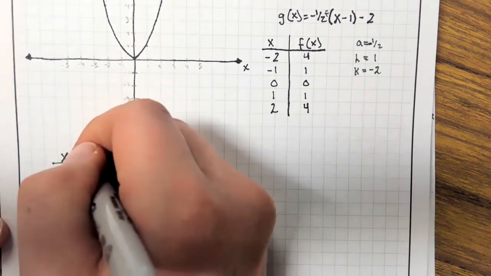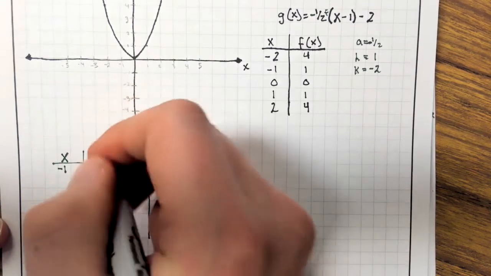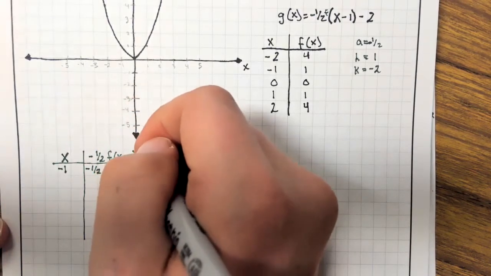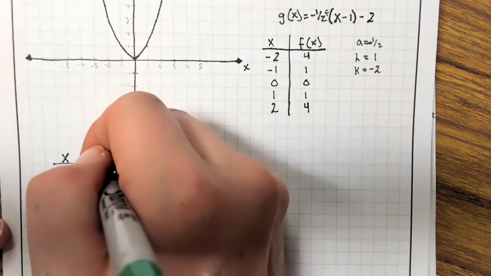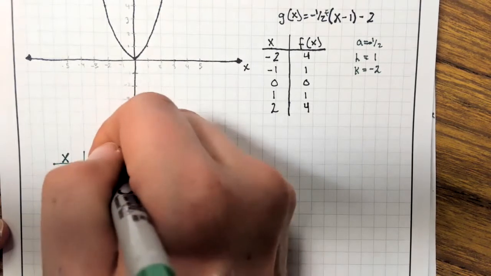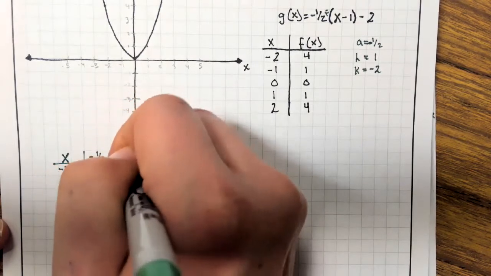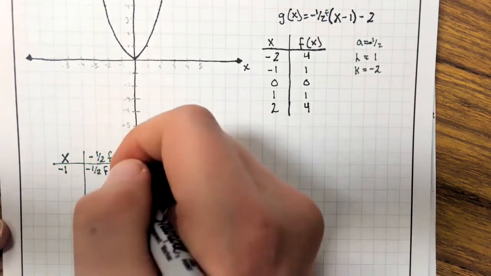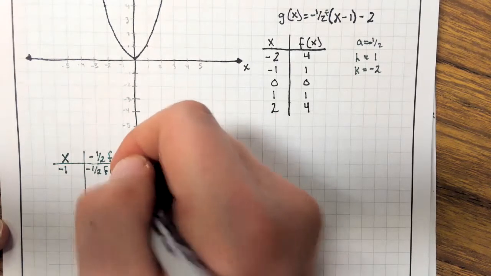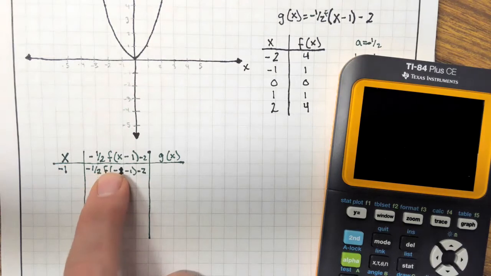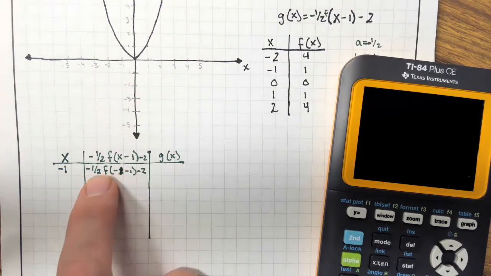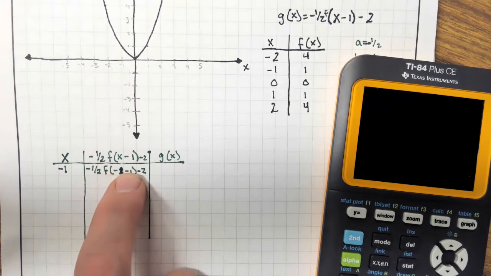When I do -1/2 of f of -1 minus 1, and I've actually got -2 down here at the end too, minus 2, should be a 1 right there. I'm just screwing up all over the place on this video. So f of -1 minus 1 becomes f of -2.